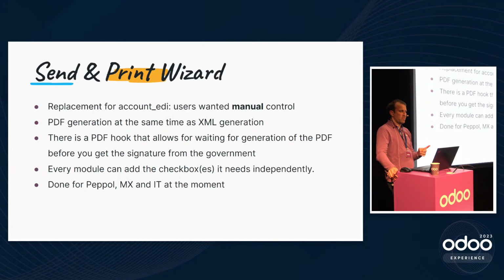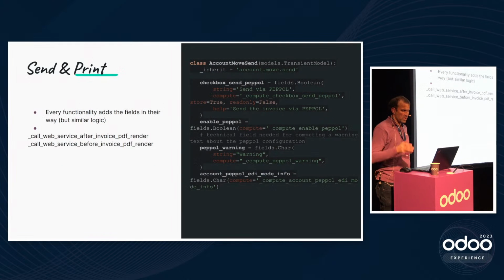And for that we made hooks in the send and print wizard as well, to say, okay, do I create my XML before or after the PDF? So we have it for PayPal, Mexico, and Italy for the moment.